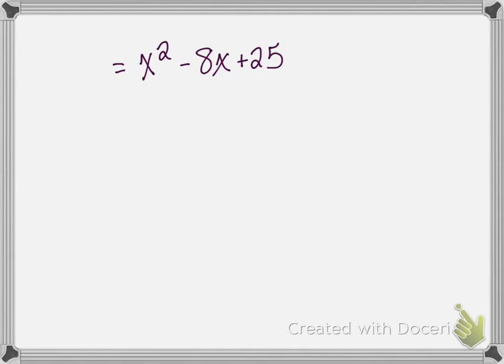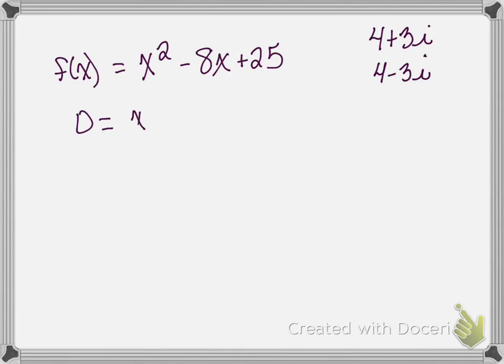This is the polynomial function with rational coefficients that has 4 plus 3i and 4 minus 3i as solutions. If we were solving this, it lends itself to completing the square pretty nicely. So I'm going to rewrite this as x squared minus 8x plus 25, and I'm going to do completing the square.